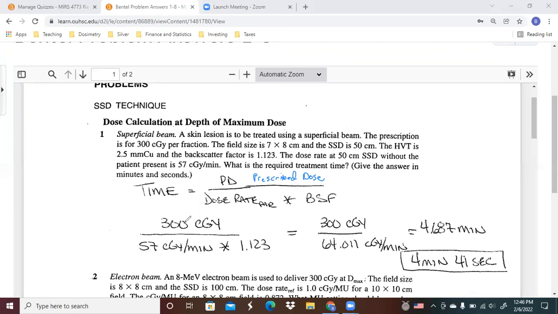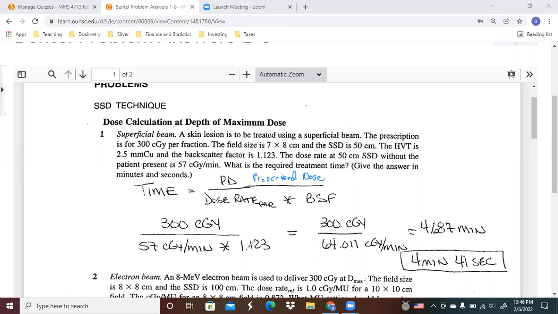So here we have 300, that's what's given to us right here. That is going to be divided by the dose rate in air. Since the patient was not present and they measured the dose rate, this is what it is. And then the backscatter factor is going to be 1.123.